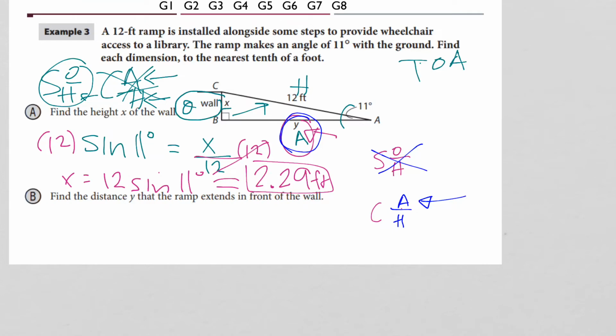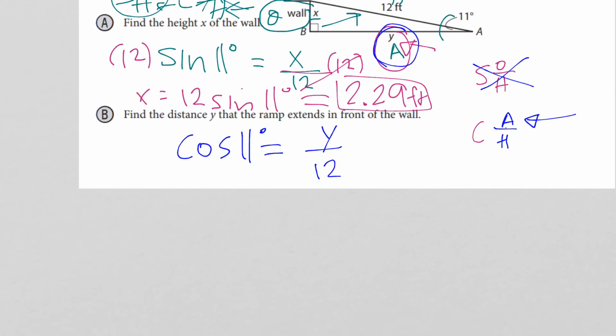So I'm going to use cosine of the angle. So cosine of 11 degrees is equal to the adjacent side, which is y, divided by the hypotenuse. And so same thing, instead of dividing by 12, I'm going to multiply by 12. And then my y value is going to be 12 times cosine of 11 degrees.